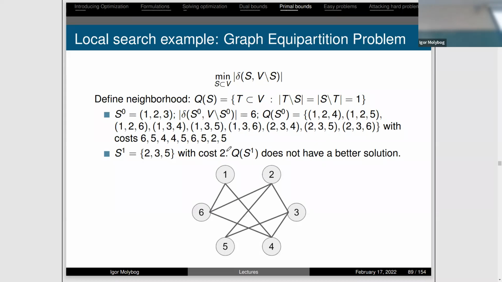All of these subsets that I have written down would belong to the set Q of S0. They are neighbors, local neighbors of the set S0, because all of them differ from S0 in one element. Okay, we'll come back to this when we understand what exactly we are doing here.